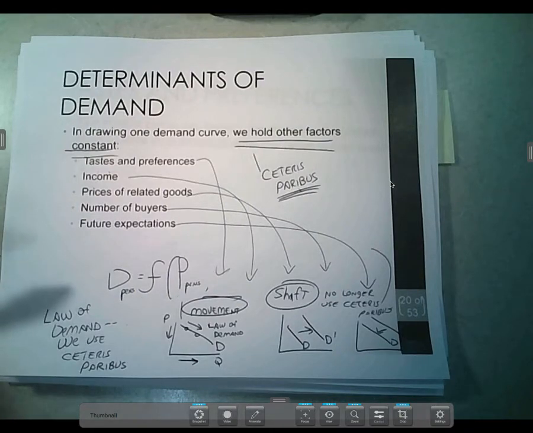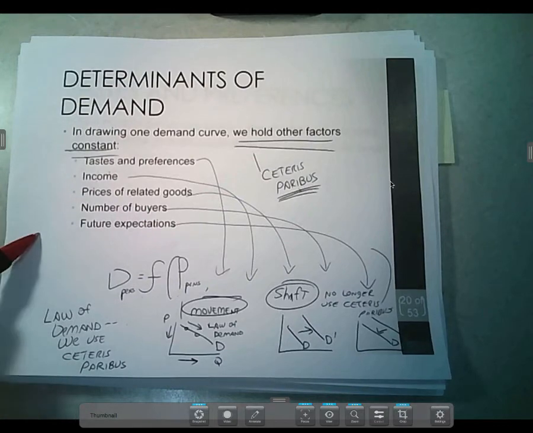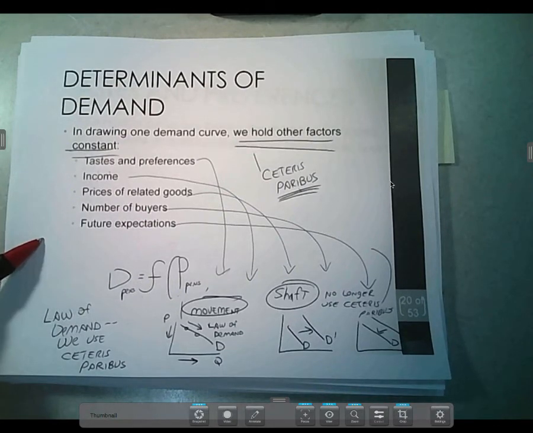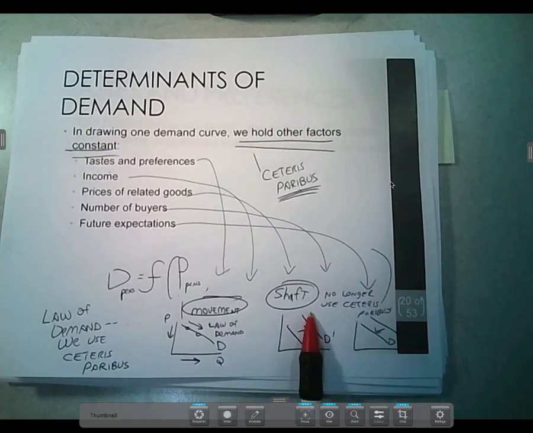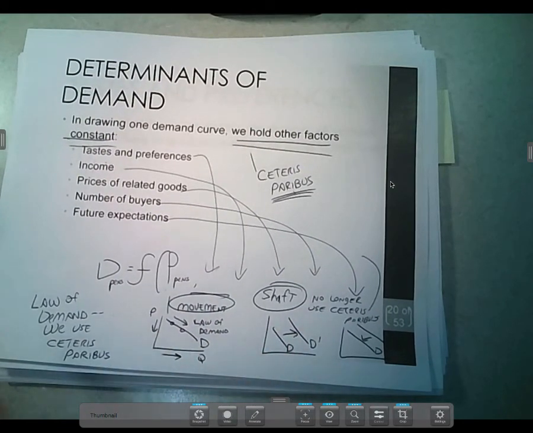I'd encourage you to watch the two to three minutes I spent on this slide again and again, because this is very important. A fairly large number of questions I ask you on this chapter are going to come from this single slide, and distinguishing the difference between movements versus shifts. Do you understand that there's a difference between the two?